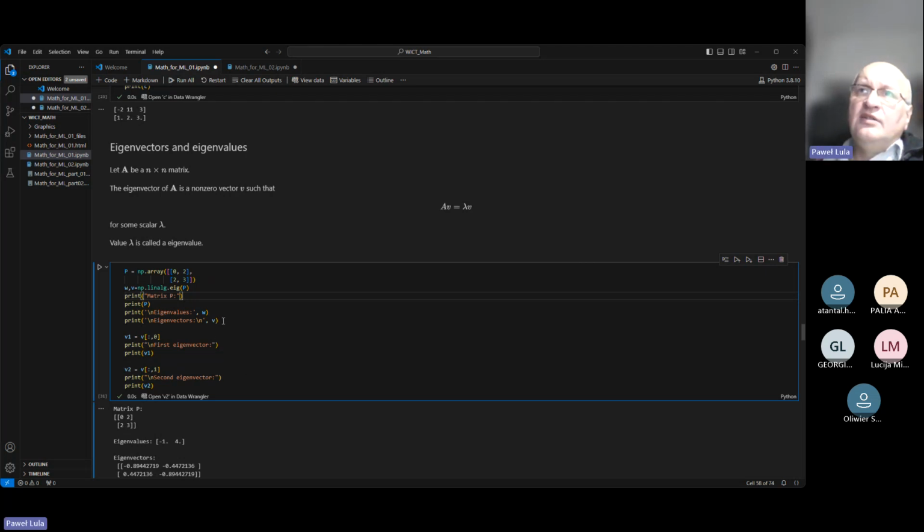And I displayed these two objects here, eigenvalues W and eigenvectors V.